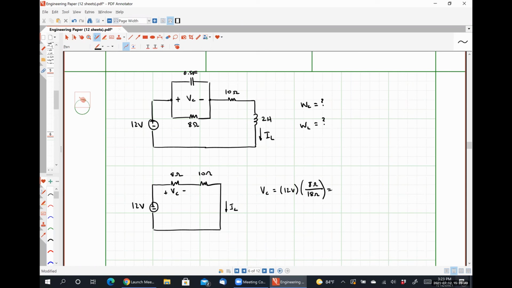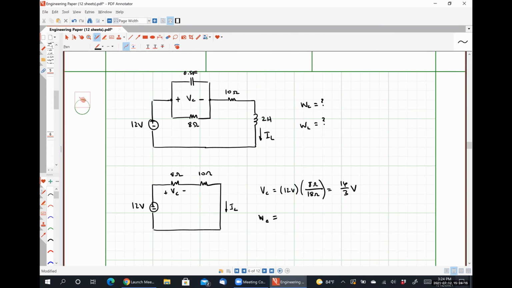All right, so that's the resistor we're interested in, which is the 8 ohm resistor, divided by the total series resistance seen by the known voltage. So let's see, that's going to be 8 times 2/3, which of course isn't something pretty. Let's say 16 thirds of a volt.